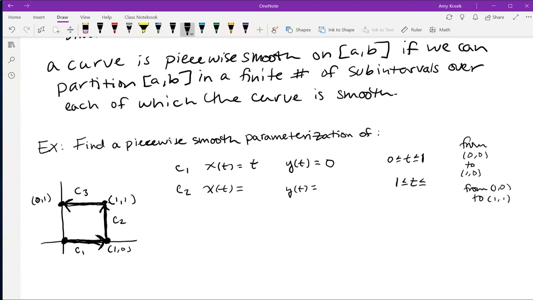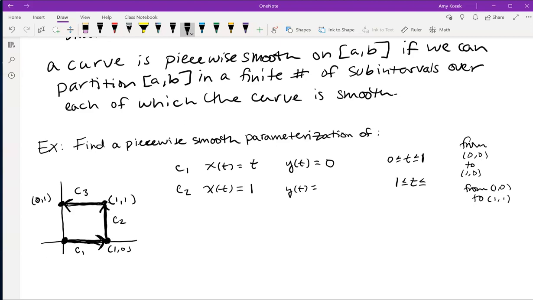So this time, x is constant for this particular function, and it's constantly 1, so we could let x of t equal 1. Now what we need y to do is increase from 0 to 1, and it can increase linearly.